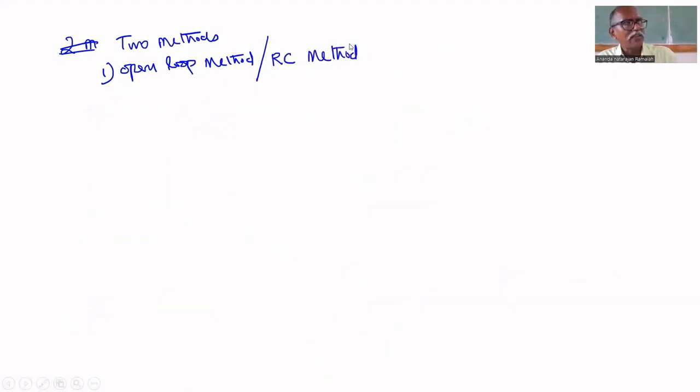In open loop, you gave 5% change at the nominal level. Nominal level means the level at which you always want to control. You got an S curve. For that open loop change, you will get a curve like this, S curve. It looks like S, that's why S curve. This curve is called a reaction curve. That's why this method is called open loop method or reaction curve method. So for level process, we will use open loop method or reaction curve method.